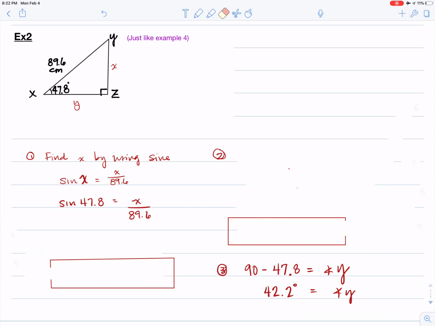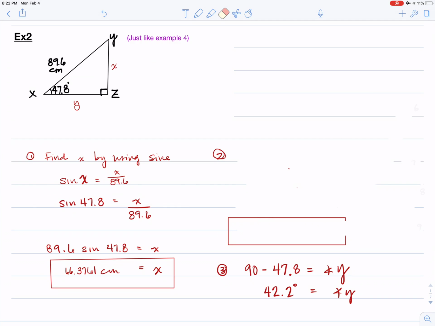Go ahead and plug in what you know angle X is, and that's that 47.8 degrees. Multiply on both sides by 89.6. Plug that into your calculator, and you'll get 66.3761 centimeters. And this is the length of side X.